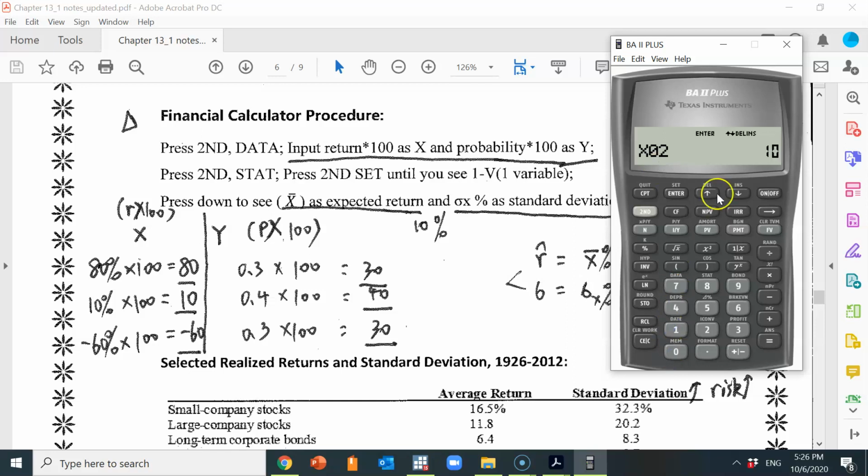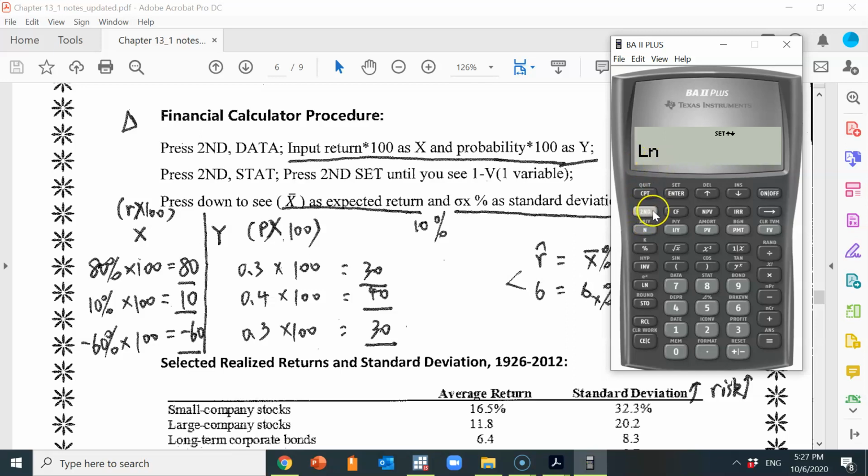So it's 10. Enter. Down button. Y2 is the probability in the normal economy, 0.4 multiplied by 100, 40, enter, down button. X3, negative 60, enter, down button. Y3, 30, enter. Double check, no other inputs. We press second stat. It shows LIN, so we press second set to change it to LN.